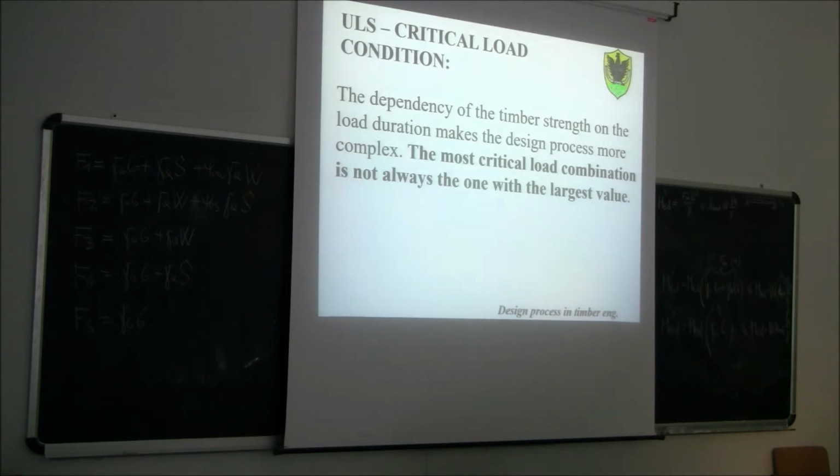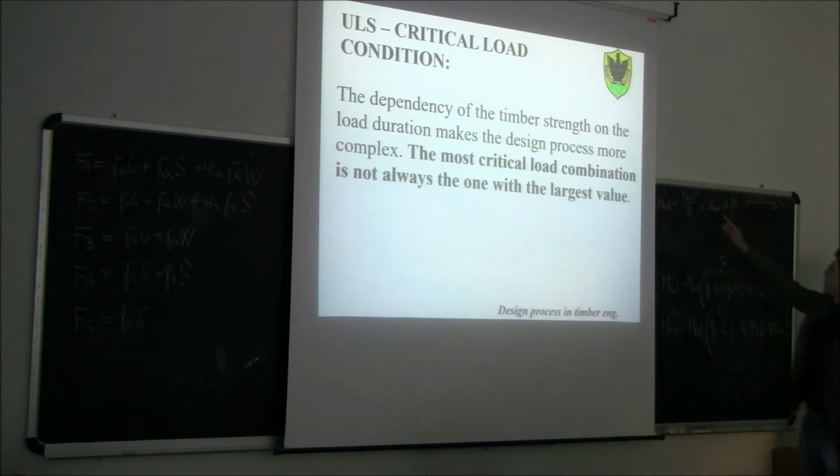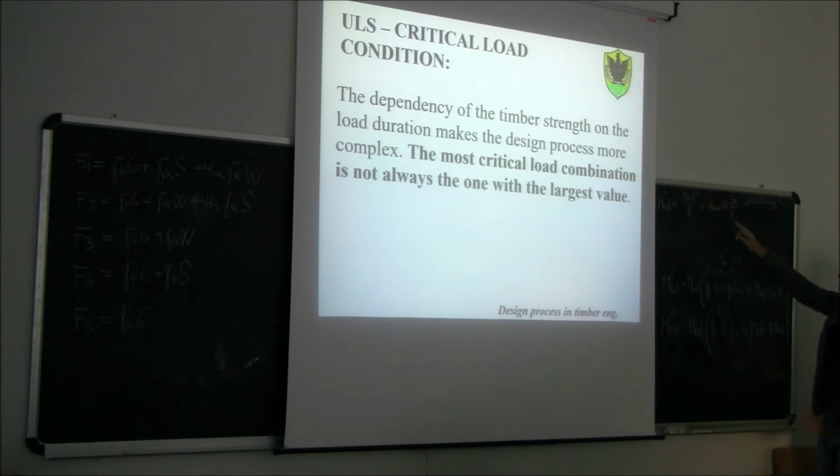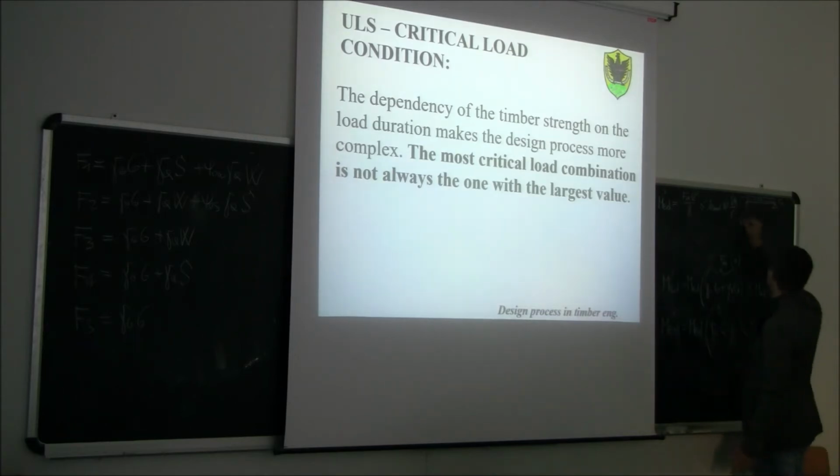Okay, now, we said before that K mod depends on Fu. So the problem is that we have two quantities depending on Fu: the bending moment depending on Fu, and the strength capacity depending on Fu through the K mod factor. To simplify the problem, I divide by K mod, multiplying by 1 divided by K mod.